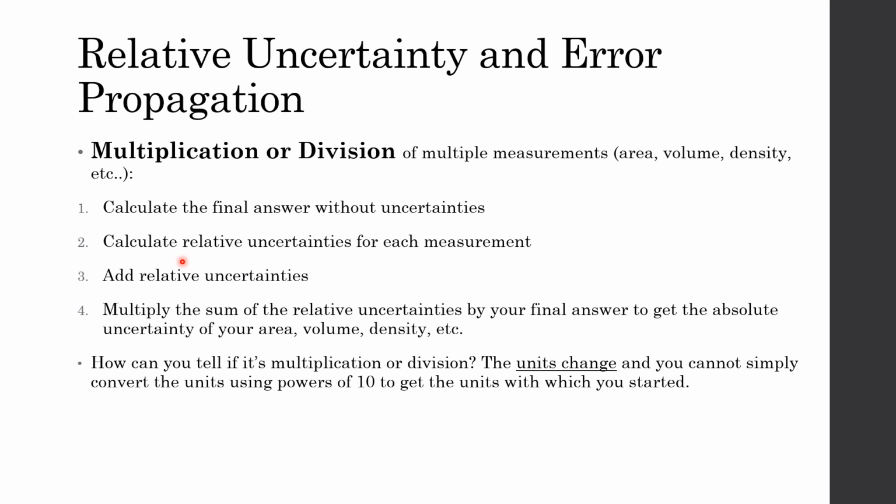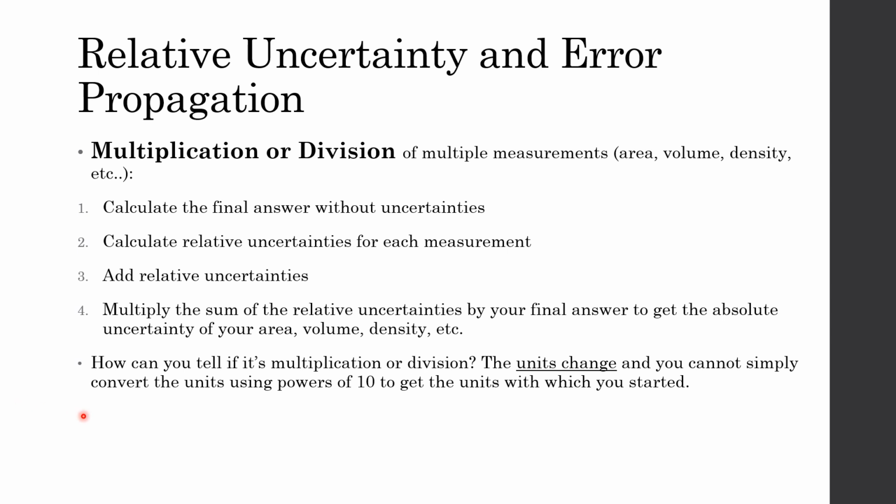So you would take your uncertainty associated with your length, divide it by the measurement of the length, then take your relative uncertainty for your width, divide it by the measurement for the width. You would add both of those quantities together, and then once you have that sum of your relative uncertainties, you would multiply that by your final answer.